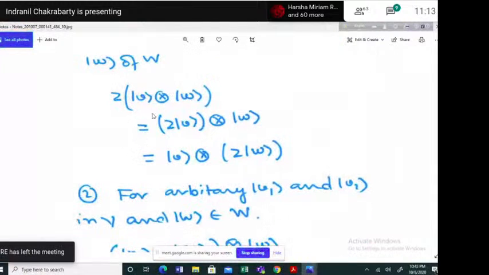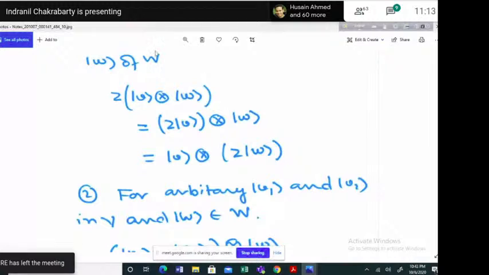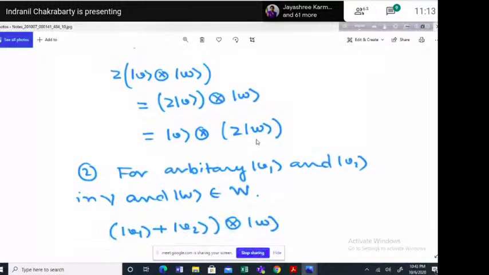So z, the scalar multiplication over v cross w, is the scalar multiplication over the v vector, and similarly it can be thought of as a scalar multiplication with the w vector.